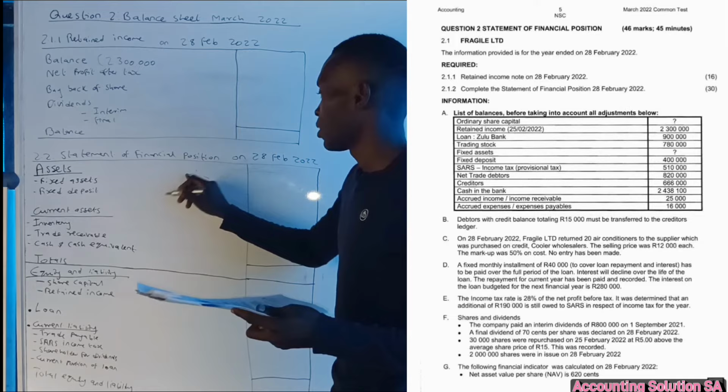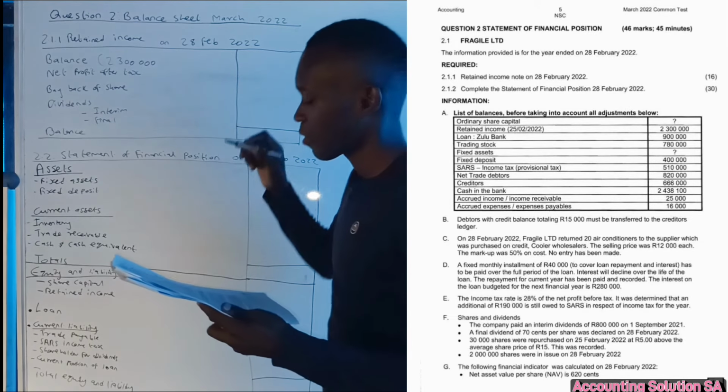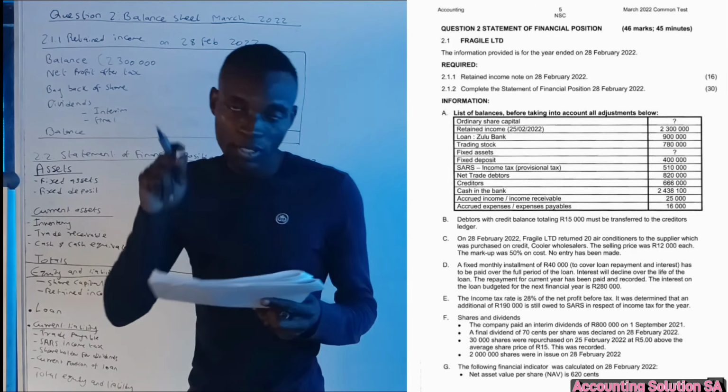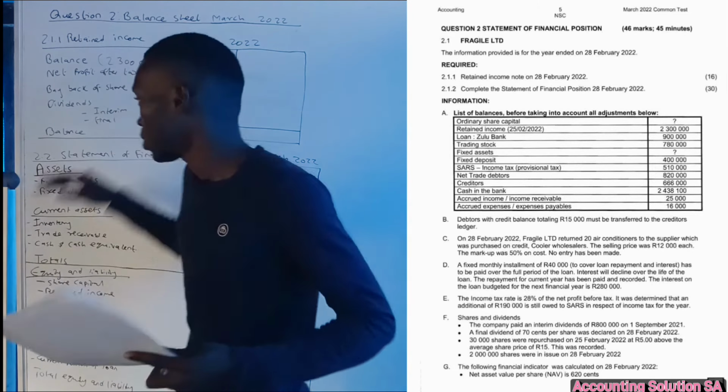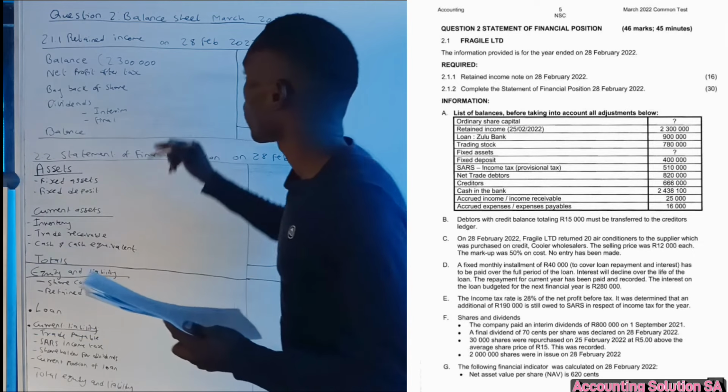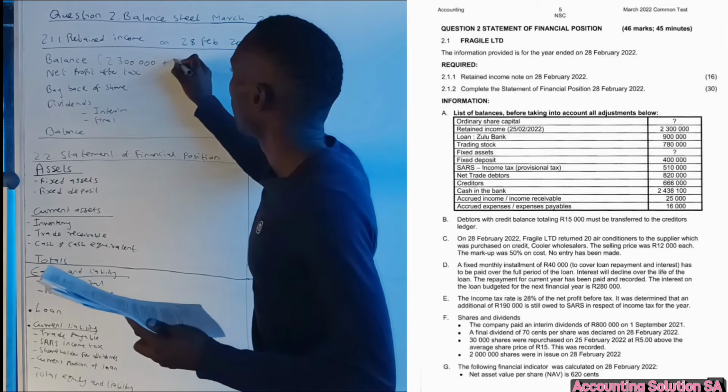This loss of 5 rand is what we multiply by 30,000. 5 multiplied by 30,000 gives you 150,000 that you are going to add back.